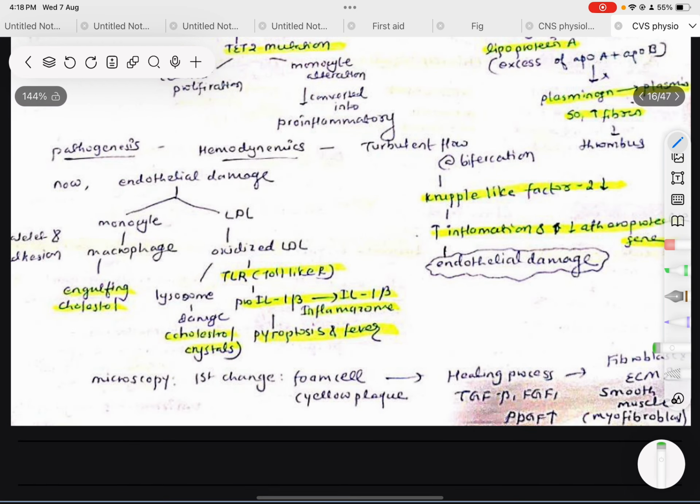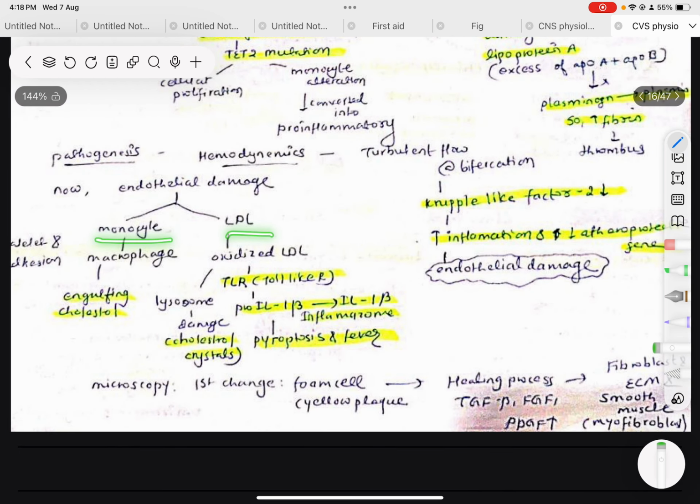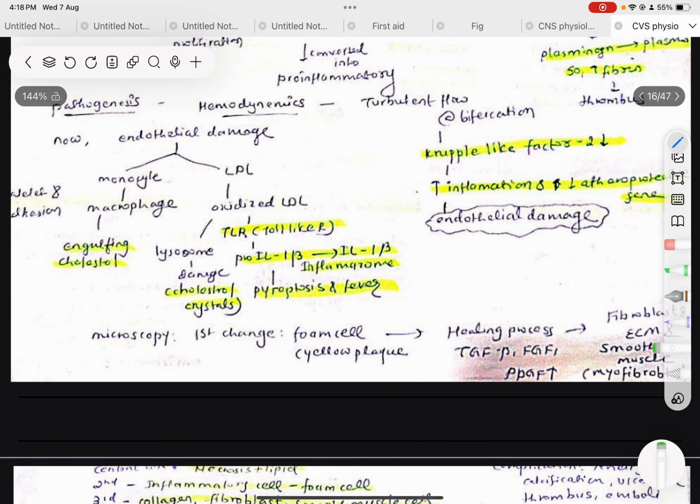So with this endothelial damage, what will happen, that monocyte and LDL both will go into this blood vessel. So monocyte will convert into macrophage and it will engulf the cholesterol, and this LDL, that is oxidized LDL, by the toll like receptors it will enter into these macrophages that have entered, and after that we know that pro-interleukin 1 beta is converted into interleukin 1 beta in the active form by inflammasome.